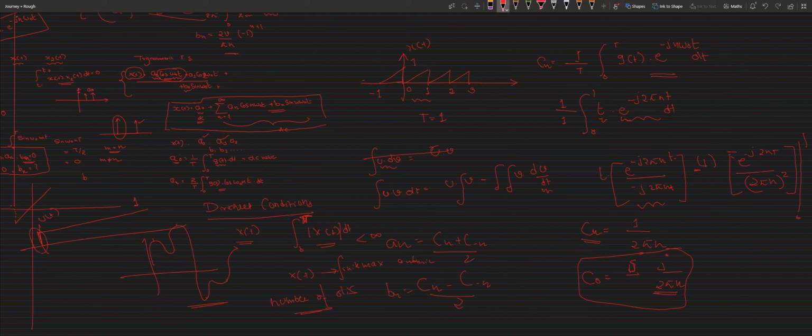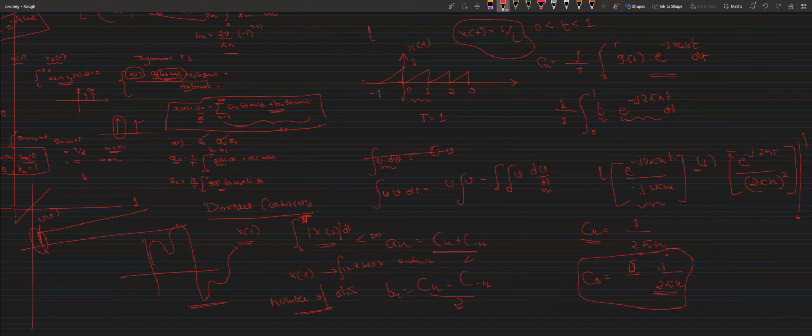But if you consider, for example, x of t is 1 by t, 0 less than t less than 1, is it absolutely integrable? No, it is not absolutely integrable, right?